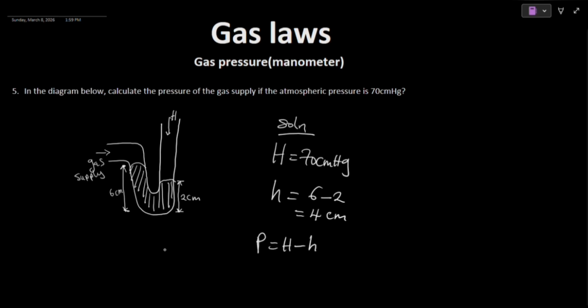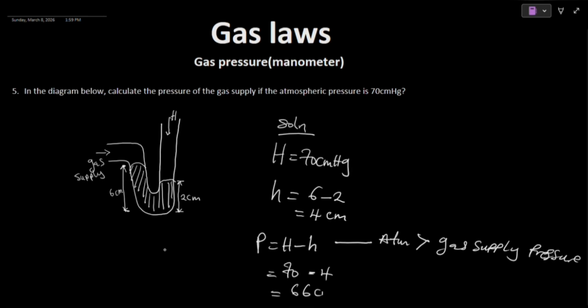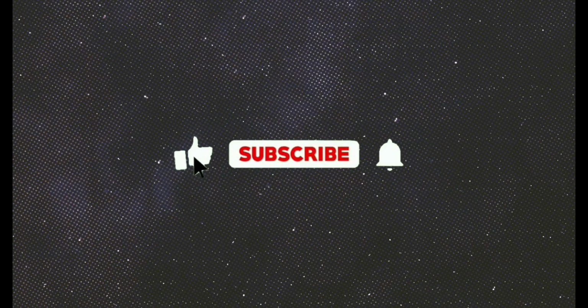This formula is used when the atmospheric pressure is greater than the gas supply pressure. So what is P? It is 70 minus 4. So our answer will be 66 centimeter mercury.